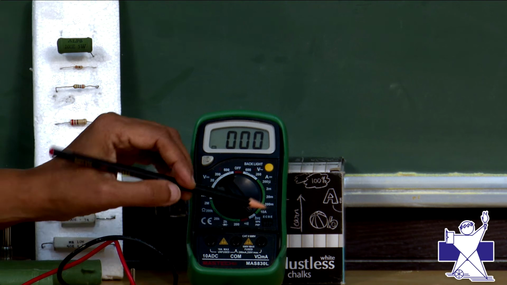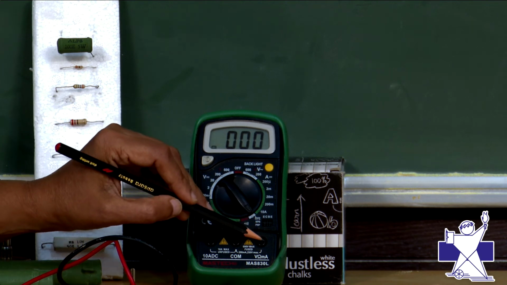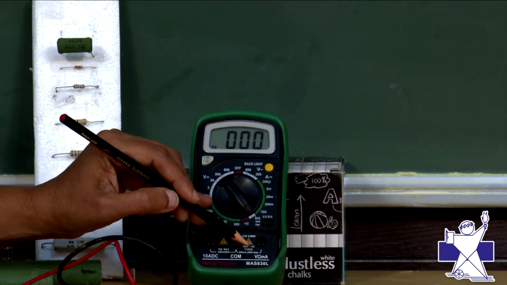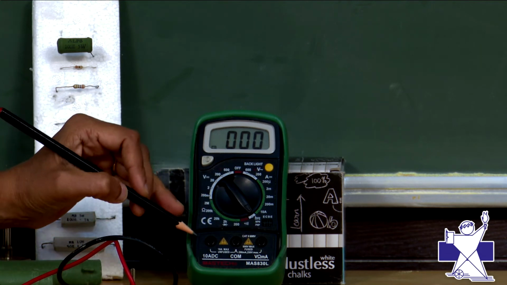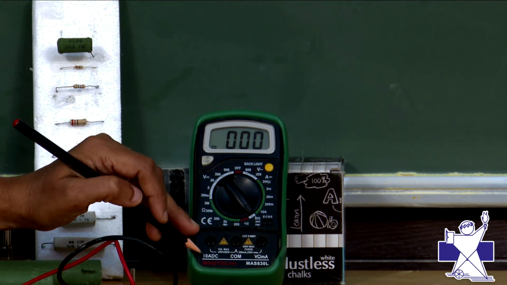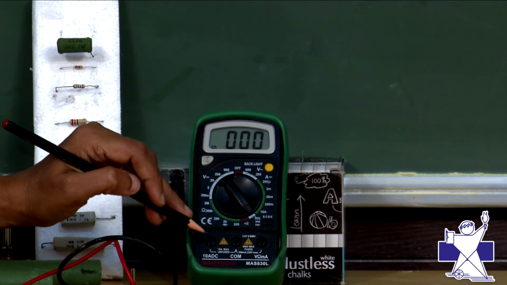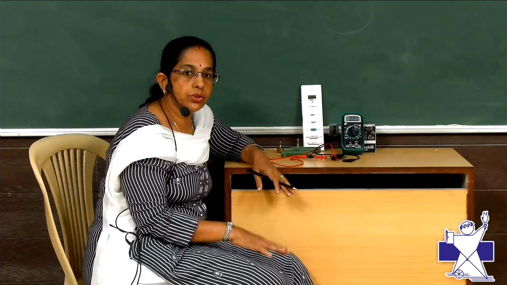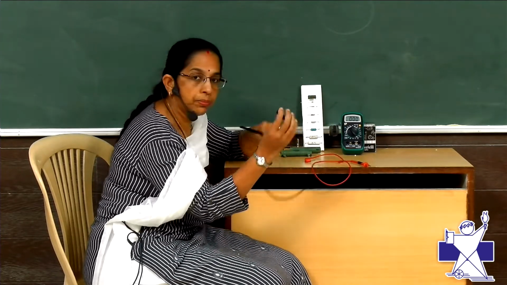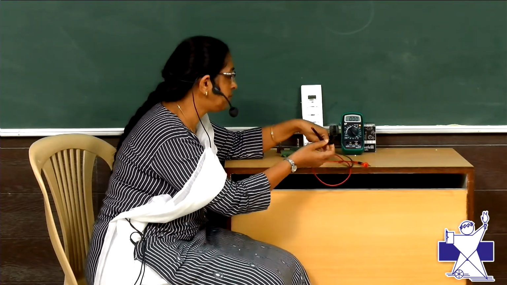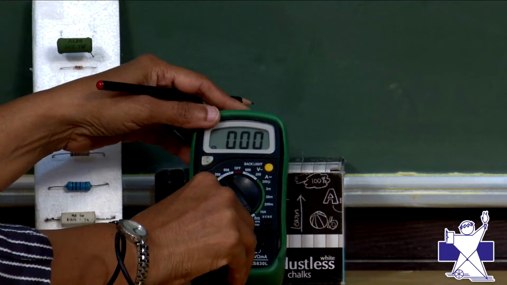If you connect your patch cord here, then it will give you voltage and resistance. And if you want to measure current, you have to connect one patch cord over here. One thing is common, that you always connect the black cord, or any color cord, it doesn't matter, to the common.